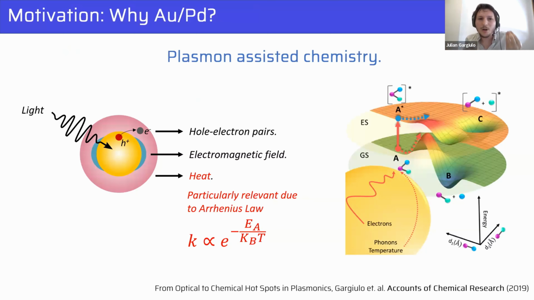And all these phenomena can be exploited for chemical reaction. In particular, the temperature is very relevant due to the Arrhenius law, because we know that reaction rates have an exponential dependence on the temperature. So in this field of plasmon-assisted chemistry, it's very important to precisely know the temperature of the system.